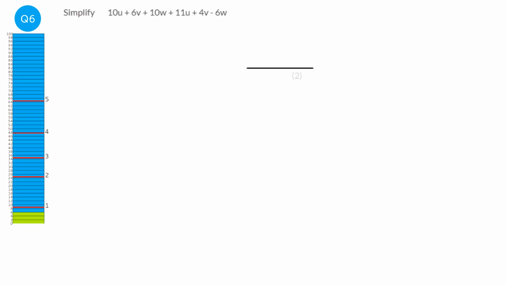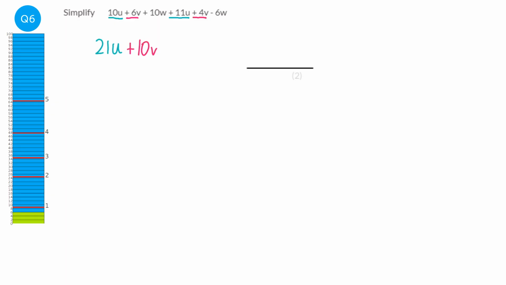This question's all about like terms. So what we can do is we can add this 10u with this 11u to make 21u. We can also add this 6v with this plus 4v to make 10v.